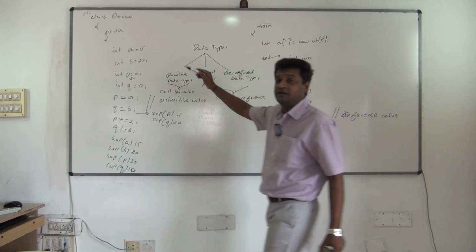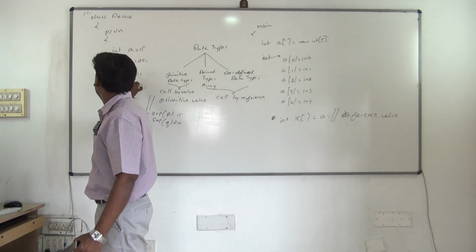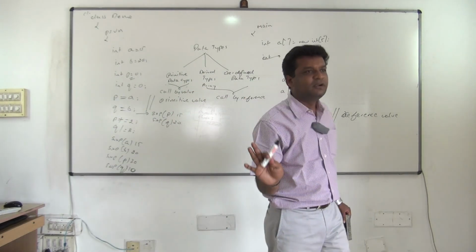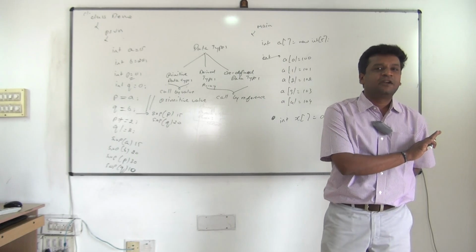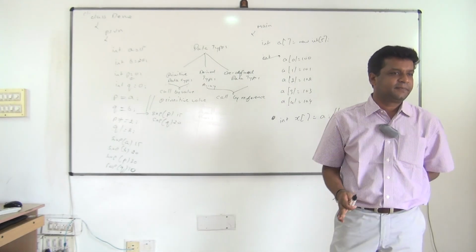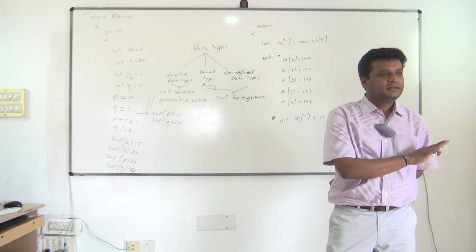I cannot give the address of A to P, or the address of B to Q. I can give the value only. For primitive variables they have eliminated the address concept. That is the great benefit you are getting here.